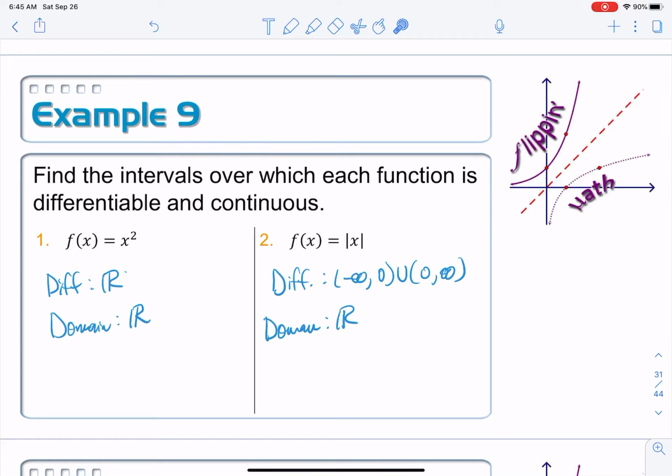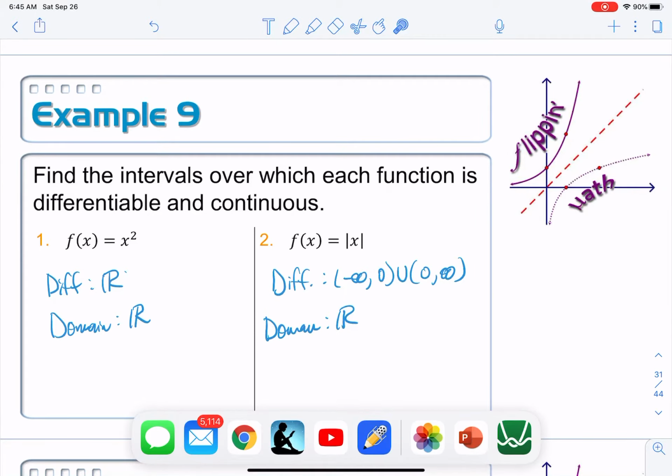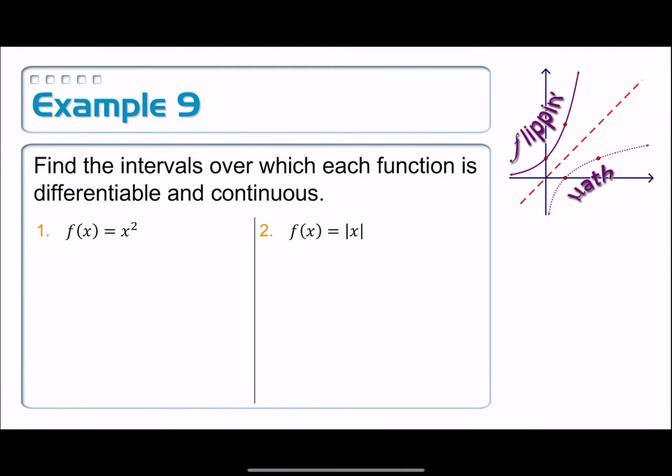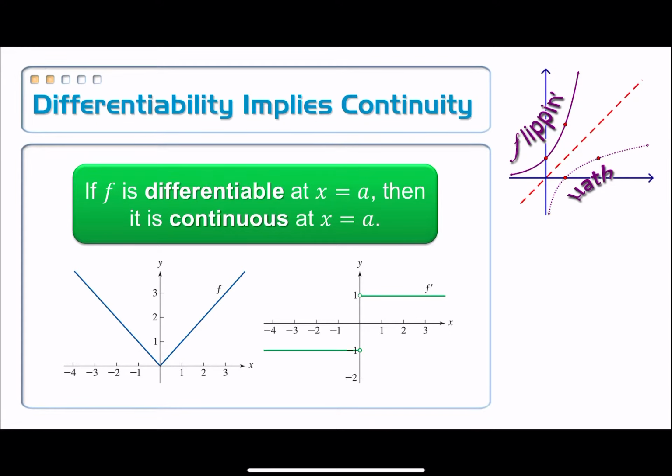All right, but back over here, what we're saying is just because it's defined at every single point, just because it's continuous at every single point, does not necessarily mean it's differentiable there, which is going to lead us to a super important theorem in calculus, which the title itself is pretty much the theorem. Differentiability implies continuity.